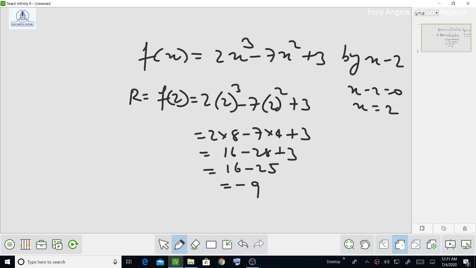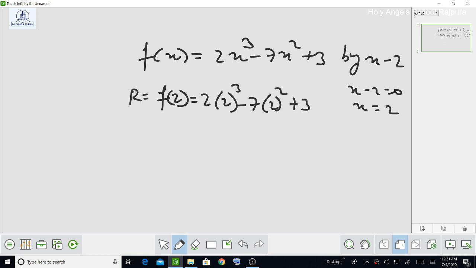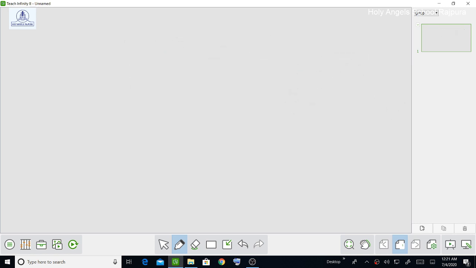Now let us do another question. The question is, find the remainder without doing actual division, on dividing 4x square plus 5x plus 3 by 2x plus 1.